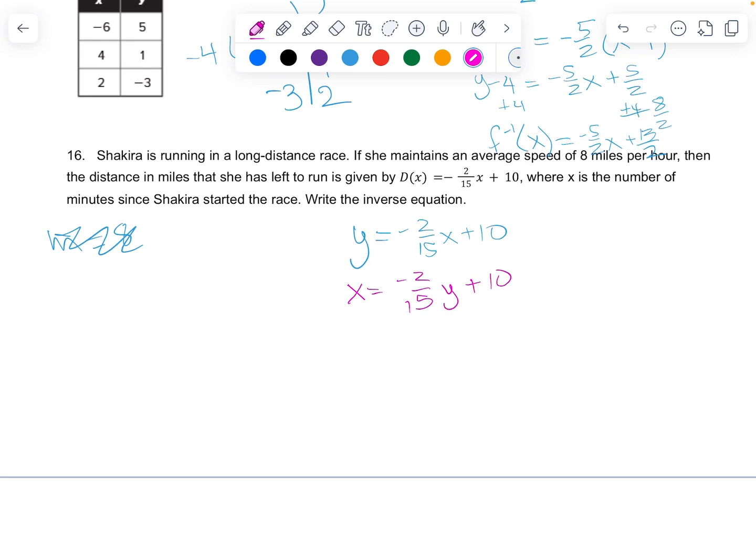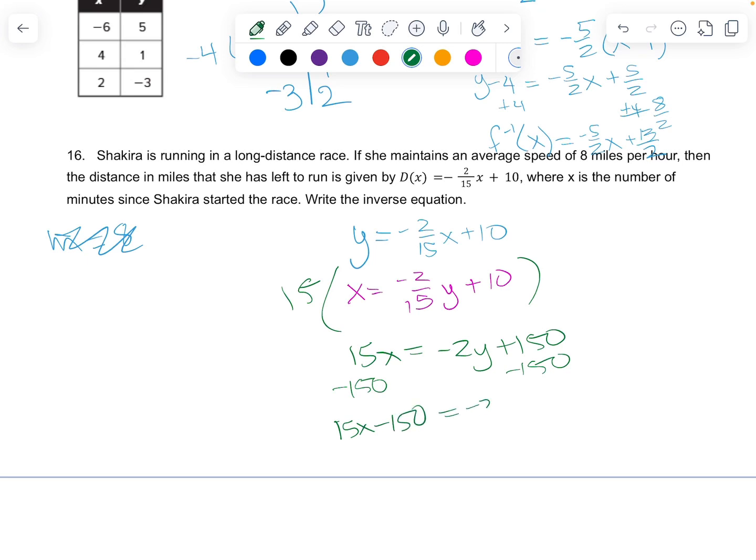I'm going to multiply everything by 15. So I get 15x equals negative 2y plus 150. I'm going to subtract 150 to the other side. And I'm going to get 15x minus 150 equals negative 2y. Then I divide everything by negative 2.